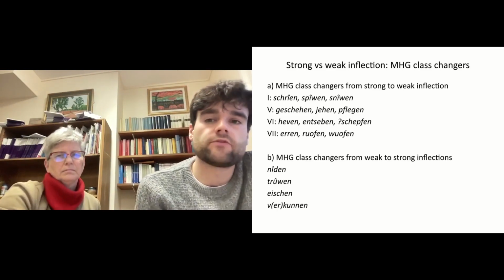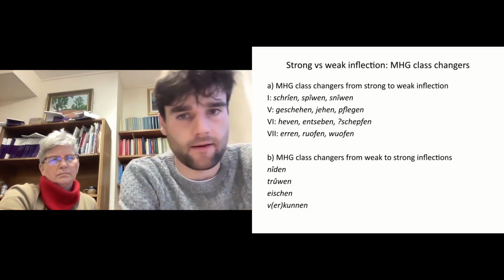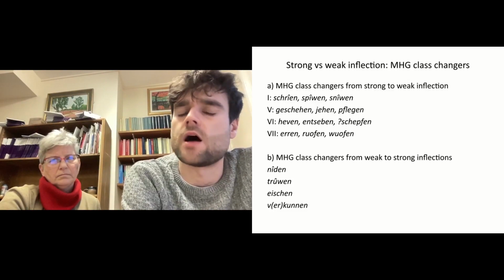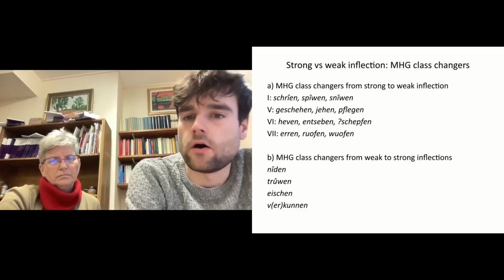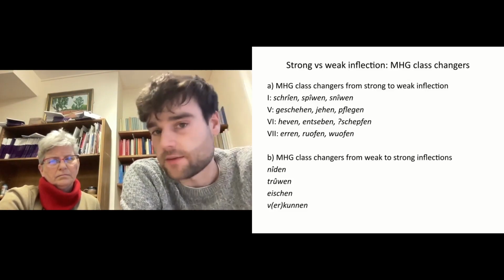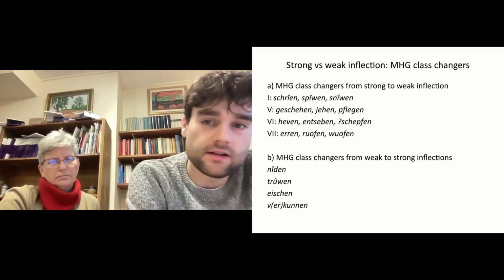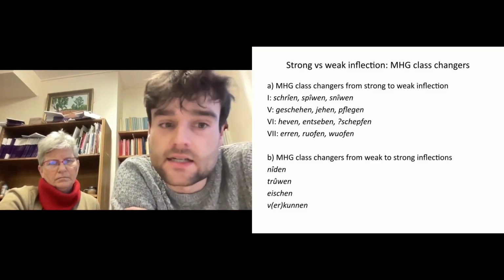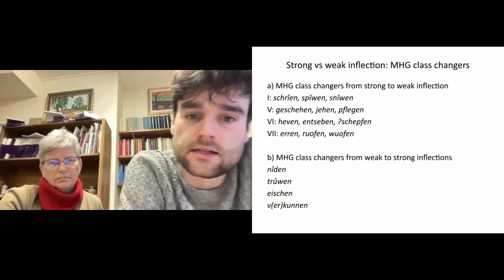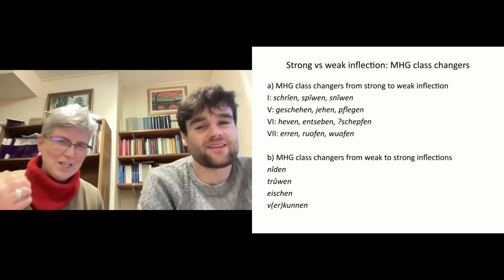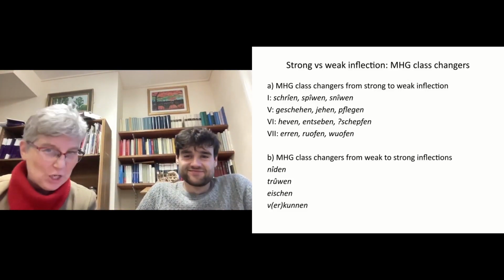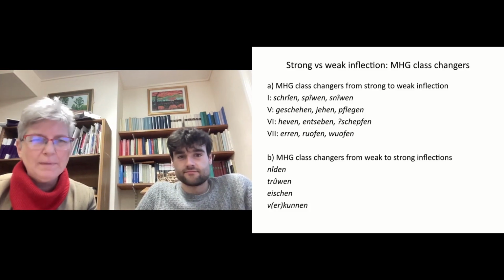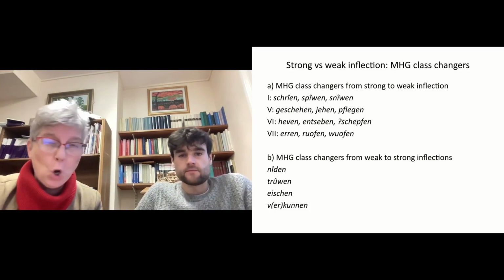However, there is a further possible reason for abandoning Rückumlaut as a tense marker, which has to do with the specific situation of verb inflection at the threshold from Middle to early New High German. On the whole, the inherited Old High German inventory of strong verbs remains untouched. However, a simple comparison of the class changes shows that the weak verbs have become the class growing in size since late Middle High German at the latest, with schrien, spieven, sneeven, geschehen, jehen, pflegen, heffen, entsebben, erren, rufen, wurfen.